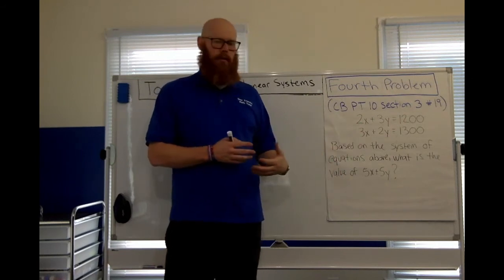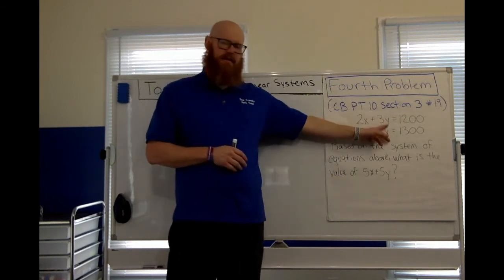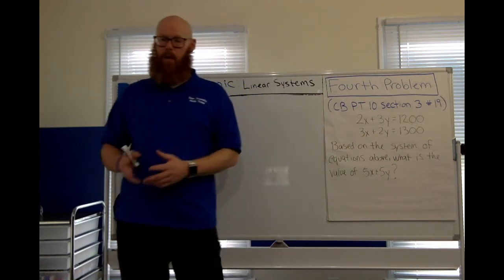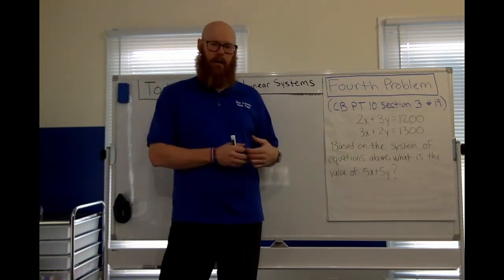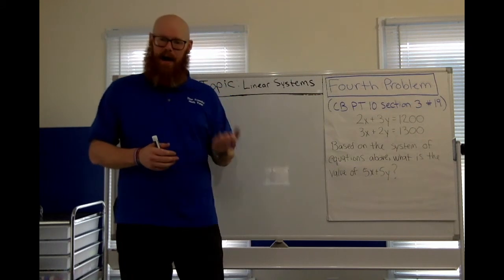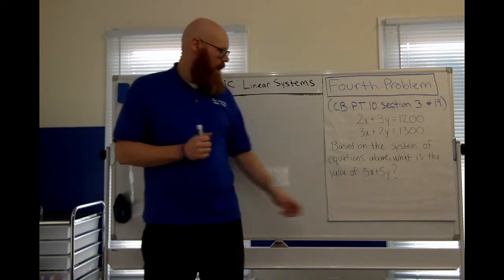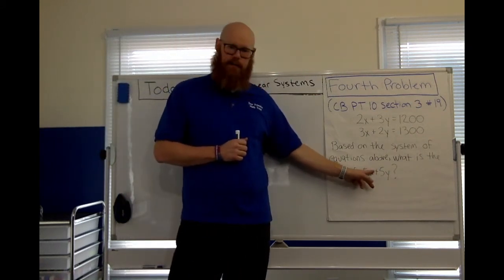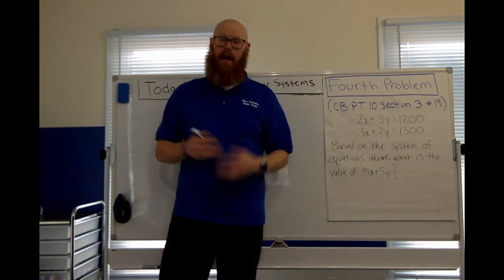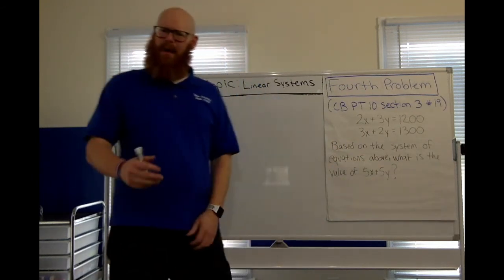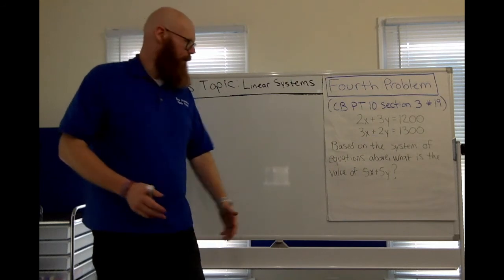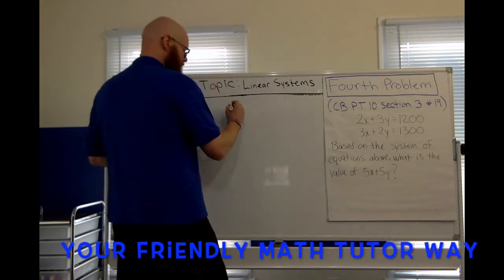Then that would allow me to eliminate the x's. I would solve for y, plug it back into one of the equations, and find x. Now I have my x, now I have my y. Plug it in here, do 5 times my x plus 5 times my y, and I would get my answer. But instead of doing all of that, let's just look at it like this.